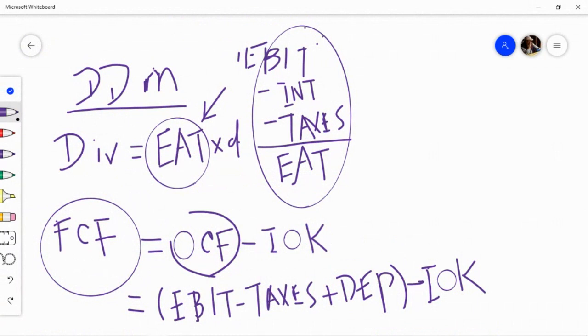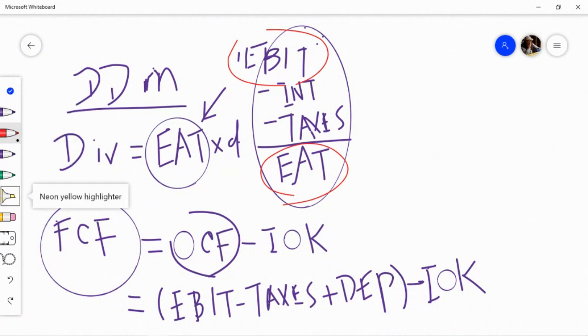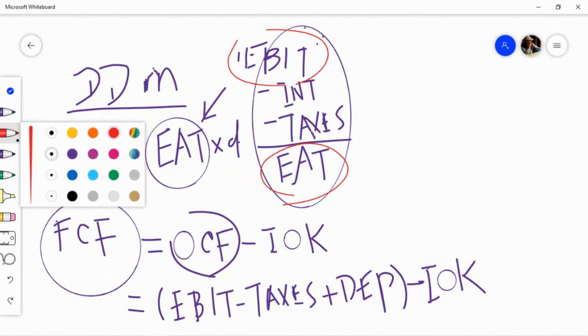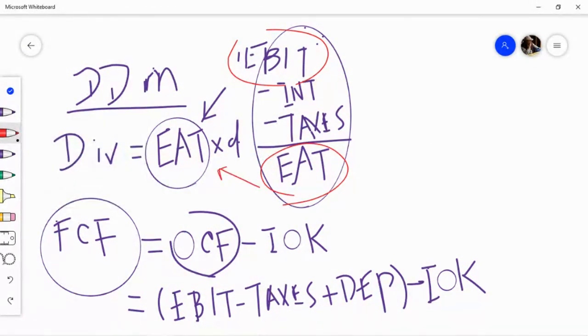From EBIT, after subtracting interest and taxes, we arrive at EAT. And from EAT, by multiplying the dividend payout ratio, you have dividends, right?